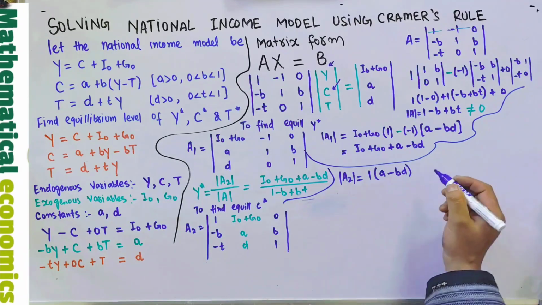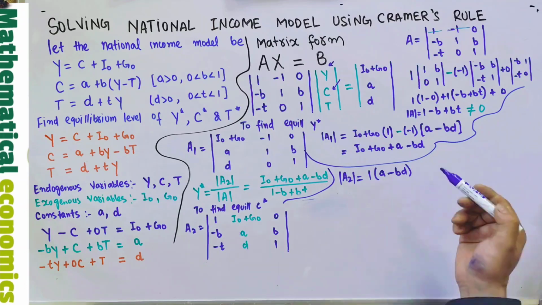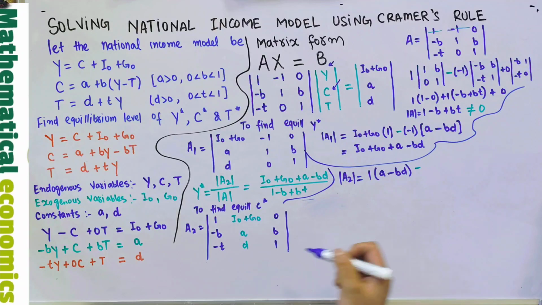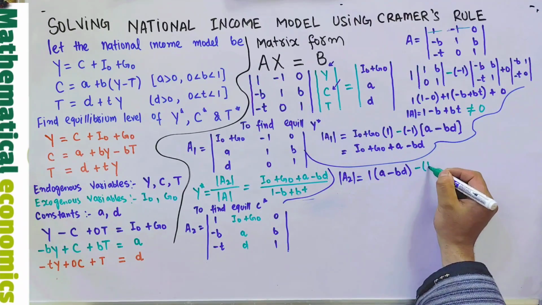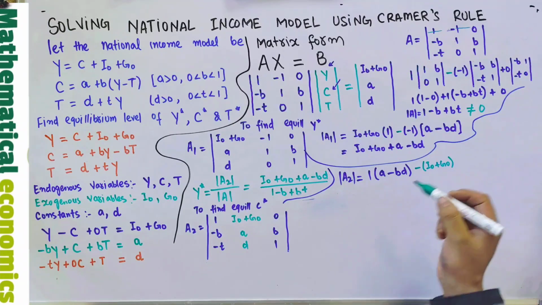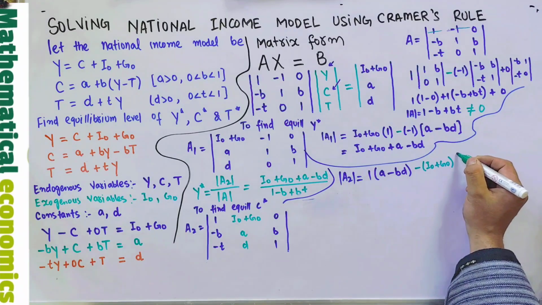Then first is plus, then we have minus from the formula, and we write the second element, I0 plus G0. To this we multiply, deleting the row and the column in which it appears and taking the determinant of the remaining elements.